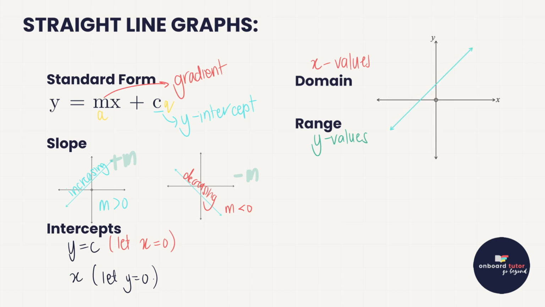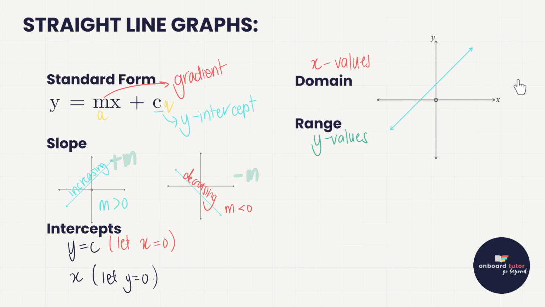So if we consider a straight line graph here, what you hopefully can see is that if you follow this line all the way, it goes all the way until infinity in the negative direction, both for x and for y. It's going to continue in this sideways direction, which is moving negative in the x and negative in the y, and in the same way all the way through to positive infinity for x and y values.